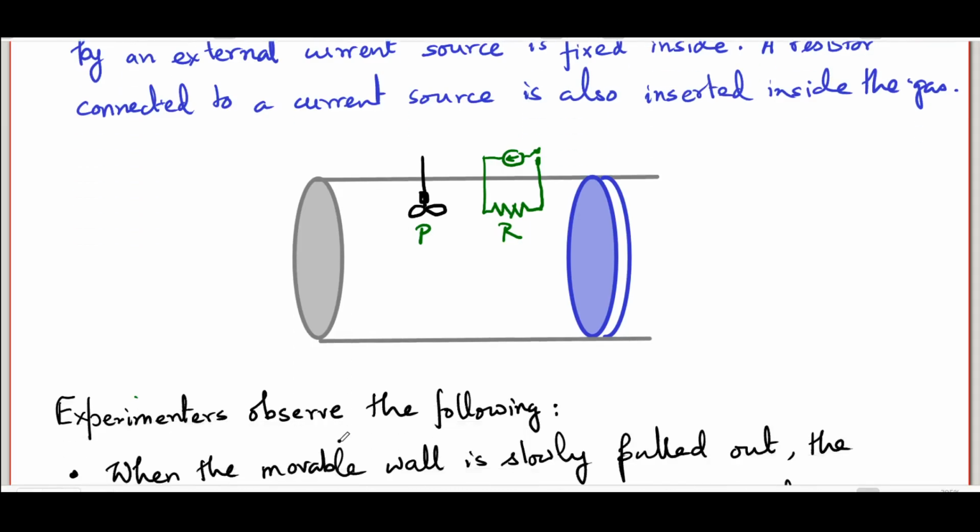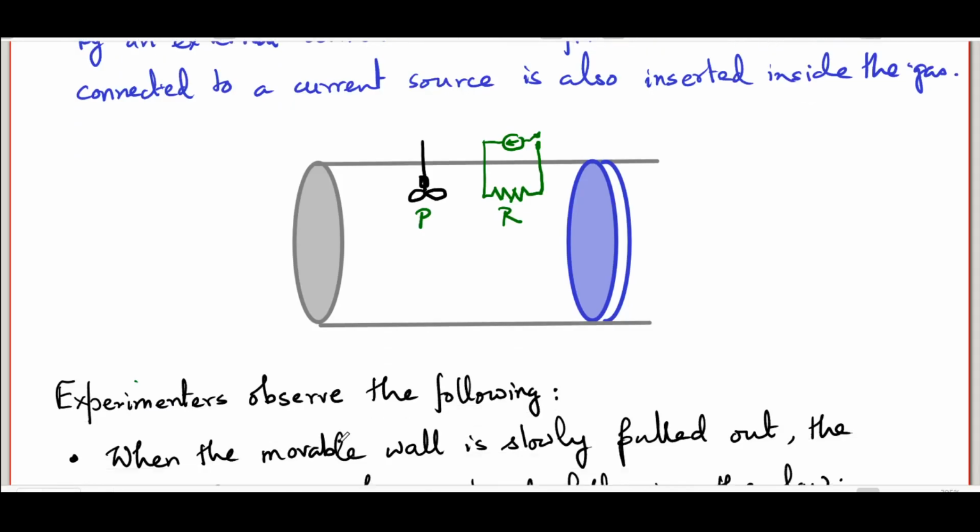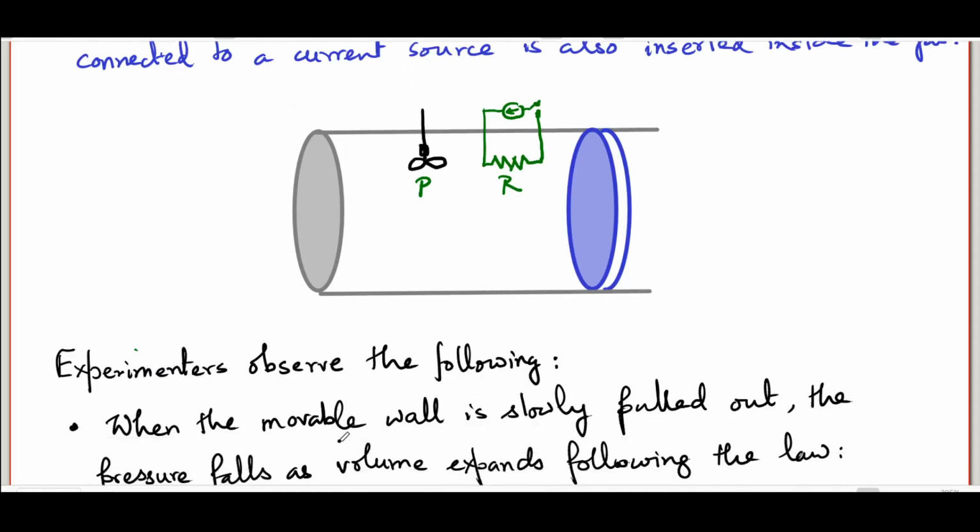Now, experimenters, let's say our modern day Joule, observe the following results. If the propeller is not turned and the resistance has no current through it, but if you draw this piston out very, very slowly, the pressure of course falls as the volume expands.